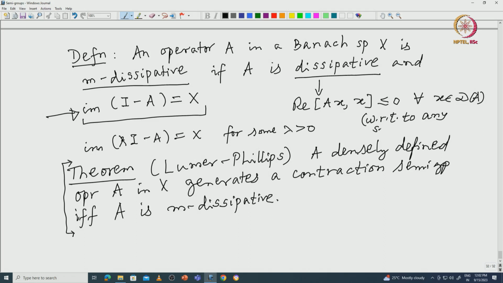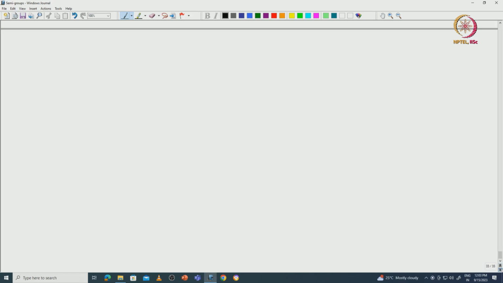And we have already seen that we can introduce a semi inner product in any Banach space.